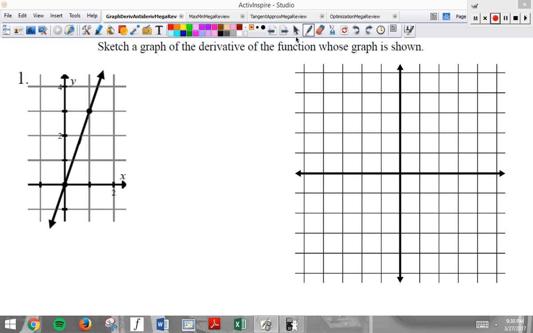Sketch a graph of the derivative. Pause the video, do it. 3, 2, 1. What do I notice when I look at this guy? This guy's slope is always, oh, not 1. Up 3, right 1. So f prime is always 3.